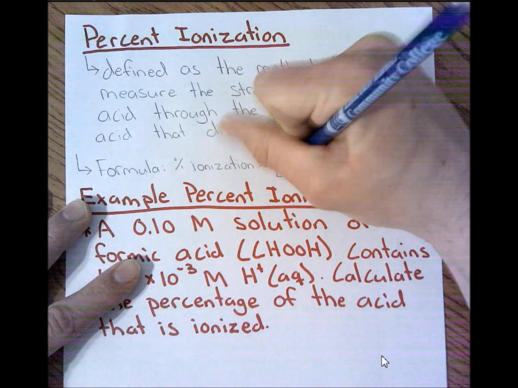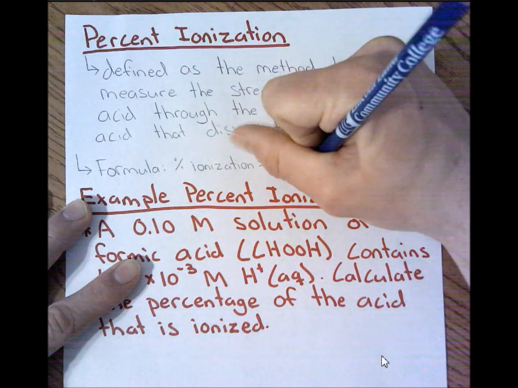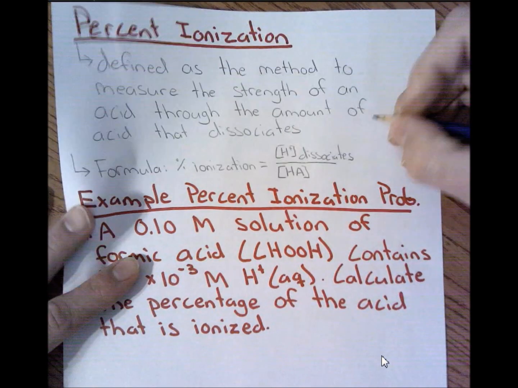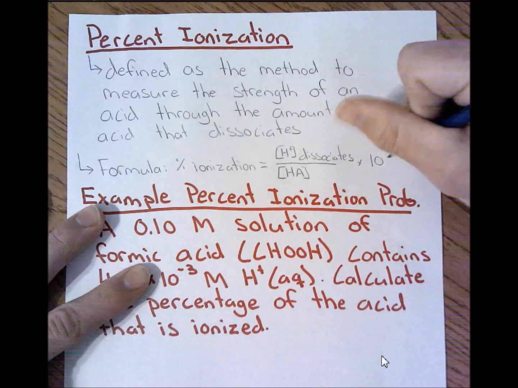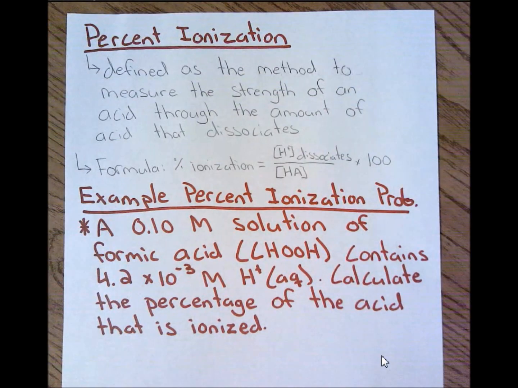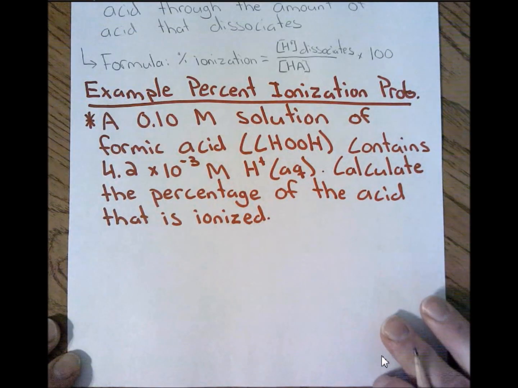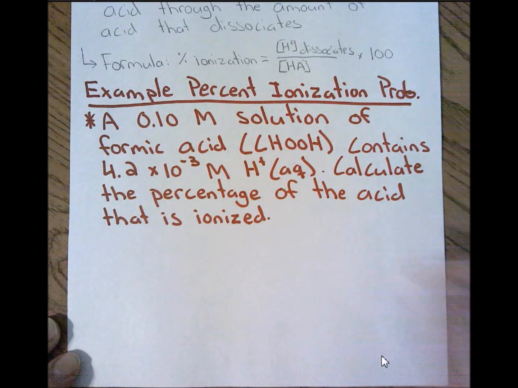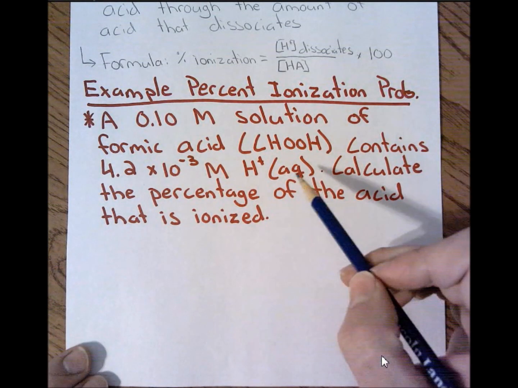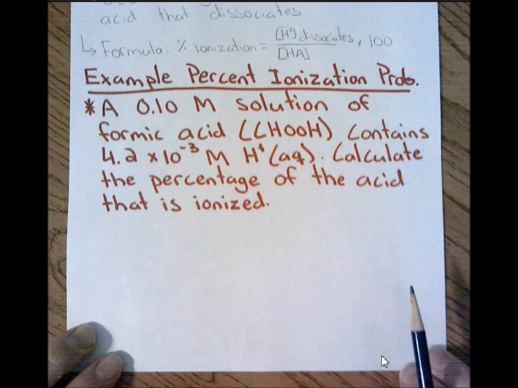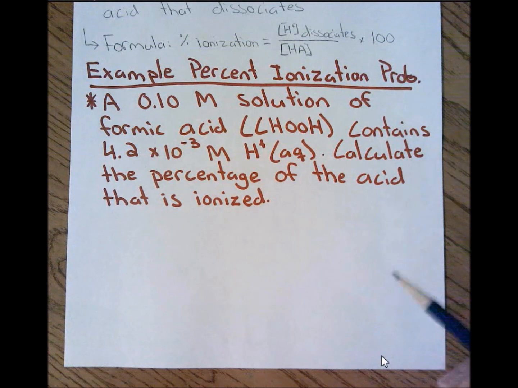The easiest way to see that is through an example. So we have a 0.1 molar solution of formic acid, the stuff we just dealt with, and in this particular example, it is going to contain, very similar to what we had, 4.2 times 10 to the negative third molar H+. We want to calculate the percentage of the acid that is ionized.